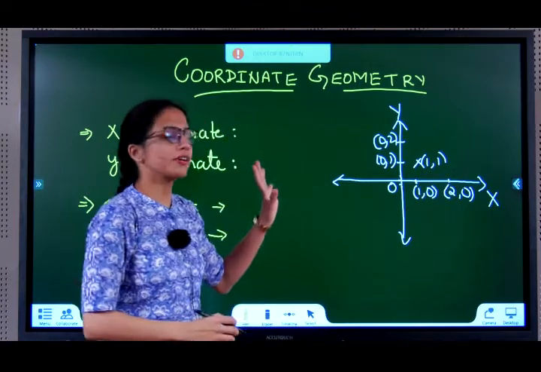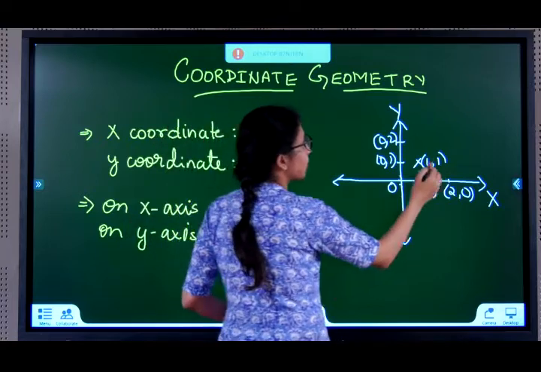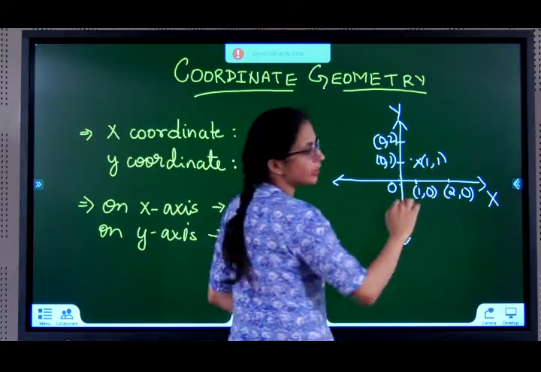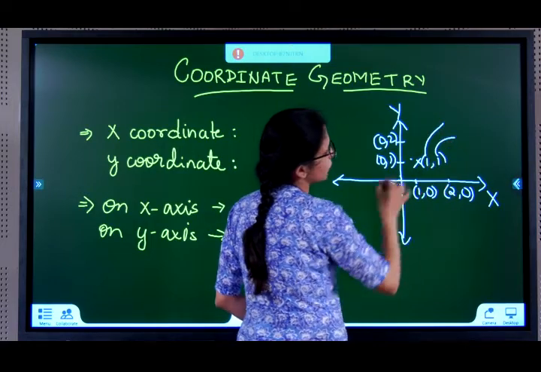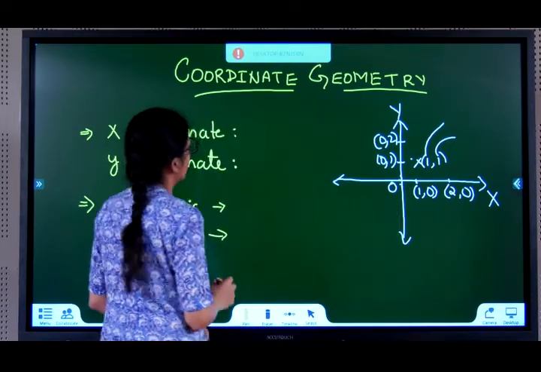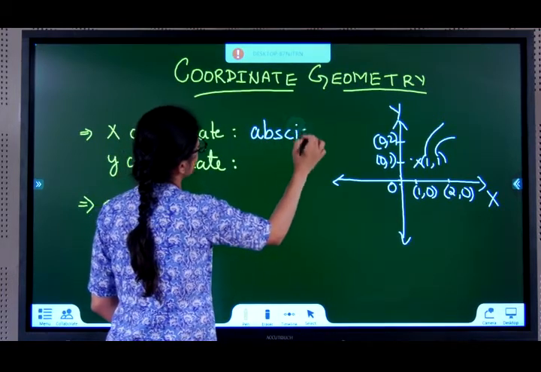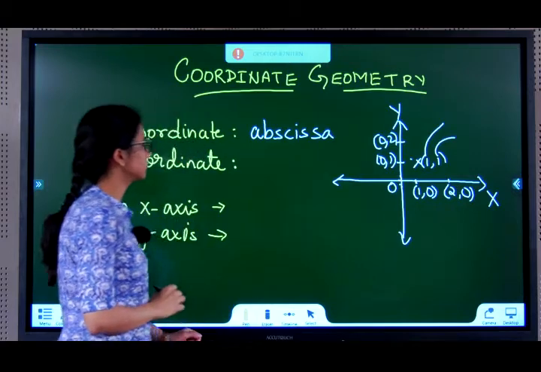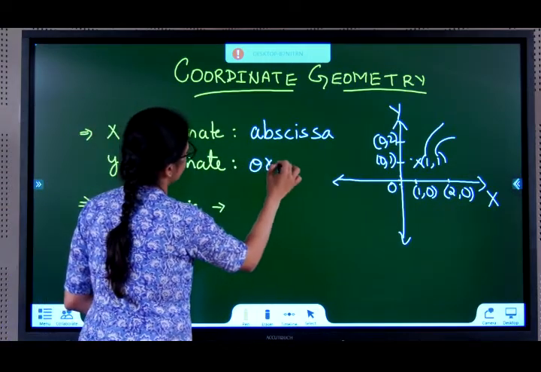So you'll know already how to use a graph and how to mark these points. Each point has coordinates. This is known as the x coordinate and this is known as the y coordinate. The x coordinate is also called the abscissa. The y coordinate is also called the ordinate.